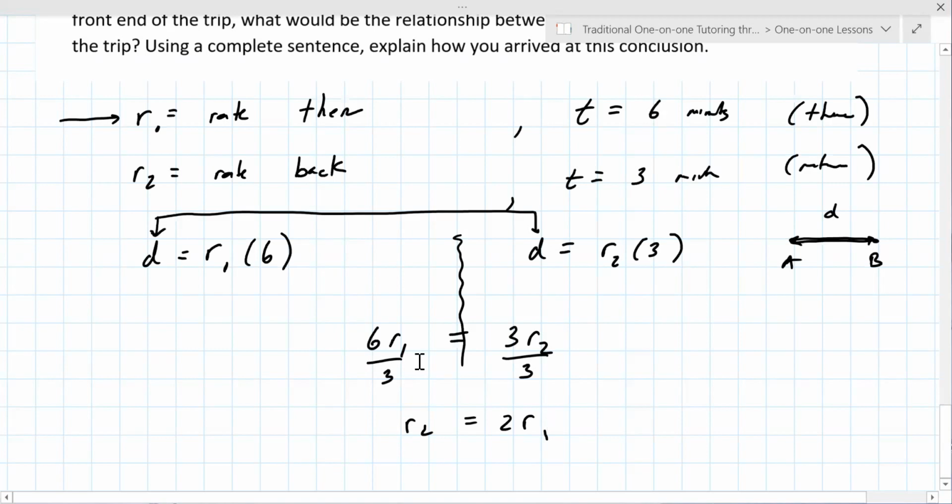In other words, let's say over the 6 minutes your rate was 5. Well, then your rate back had to be 10 to cut the time in half. Does that make sense to you intuitively?